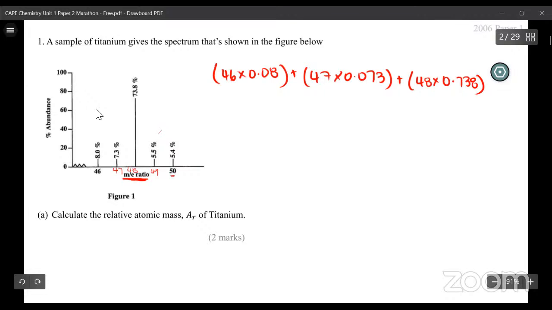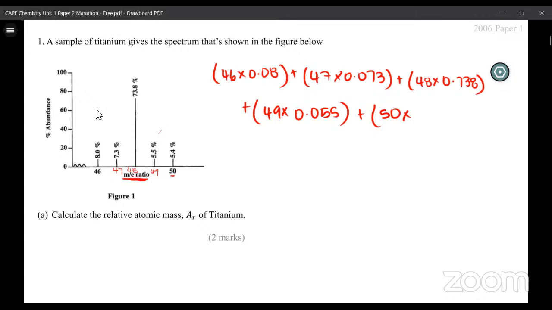Add that as well to 49 times 5.5%, which would be 5.5 over 100, or 0.055. Add that as well to 50 times 5.4%, which is 5.4 over 100, or 0.054. Okay, you put all of that into your calculator.